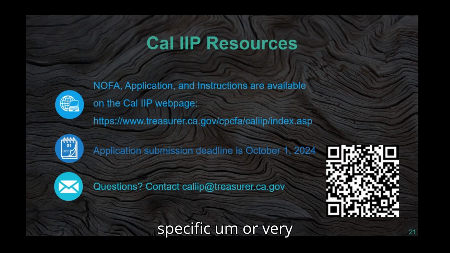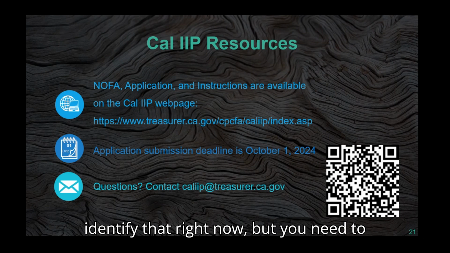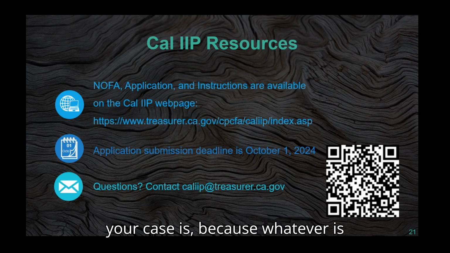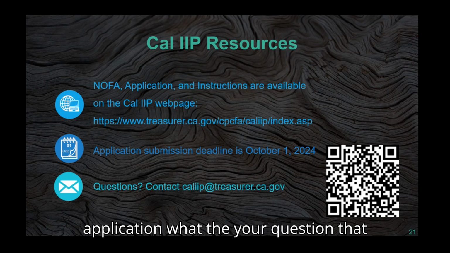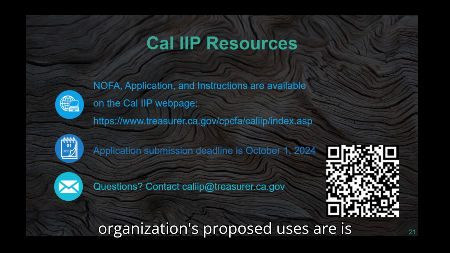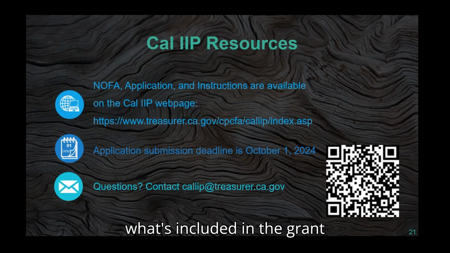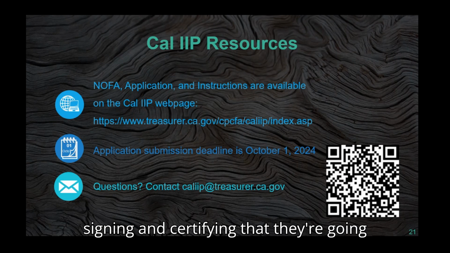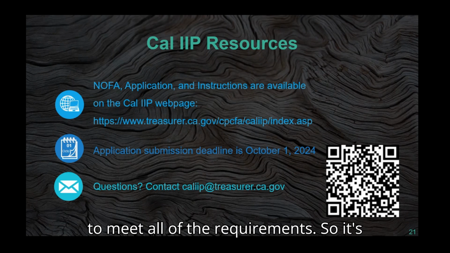If it's very specific or very different, I wouldn't be able to identify that right now, but you would need to reach out to the CalIP inbox and let us know what your case is, because whatever is put in question 3 of the application, where you answer what the organization's proposed uses are, is what's included in the grant agreement when your organization is signing and certifying that they're going to meet all of the requirements.